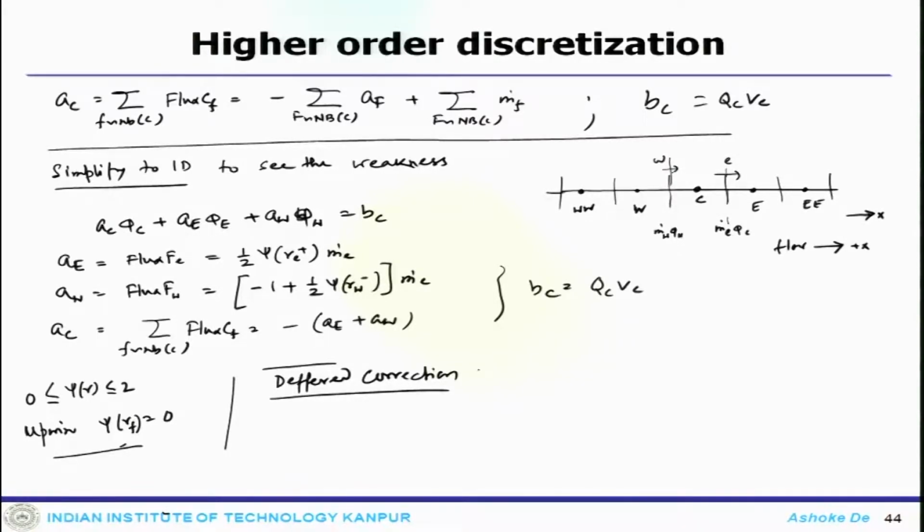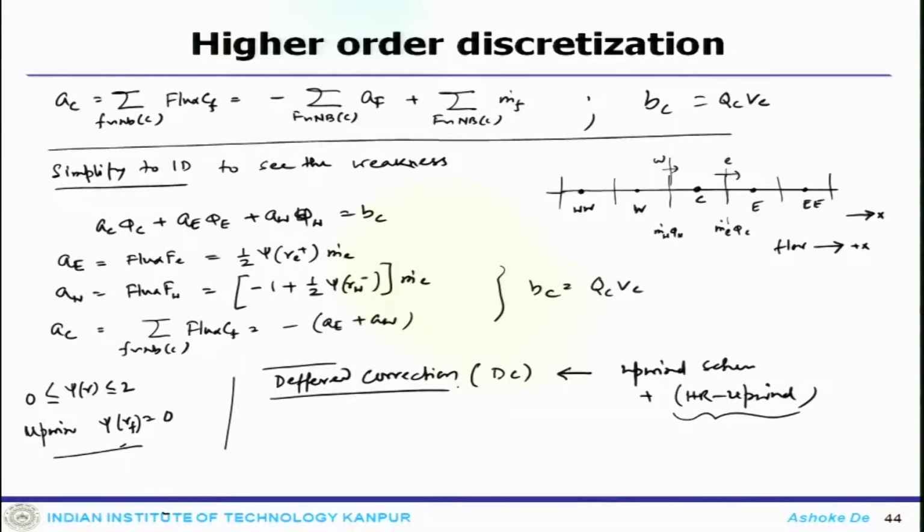For the higher order scheme also one needs to do some sort of deferred correction, in which the coefficients will be based on the upwind scheme, while the difference between the HR and upwind schemes would be added as a source term in the discretized equation.